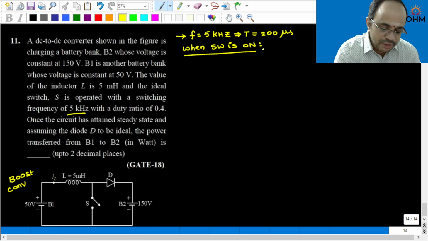Right. Now, when the switch is on, L into dIL by dt is equal to how much? 50 volt.